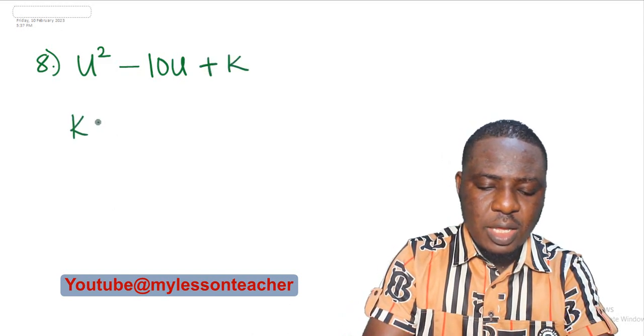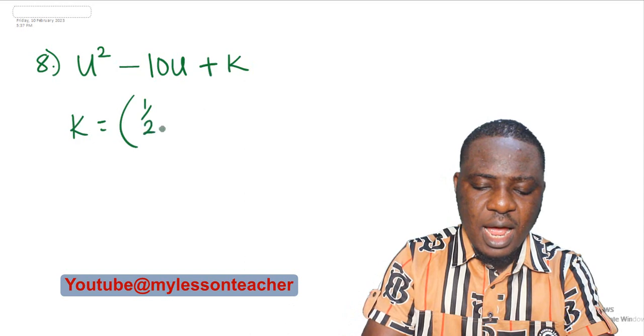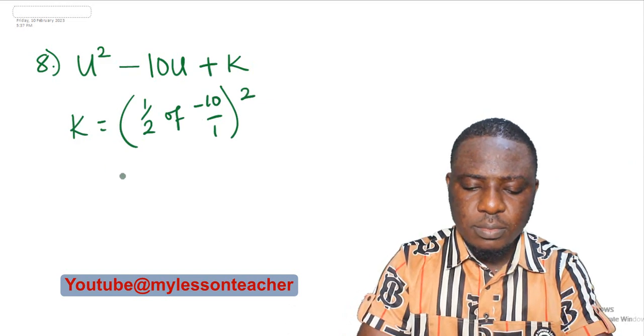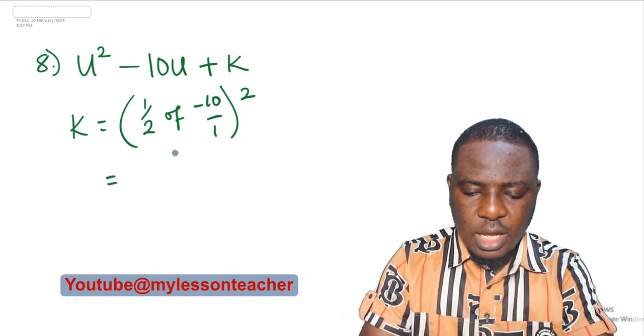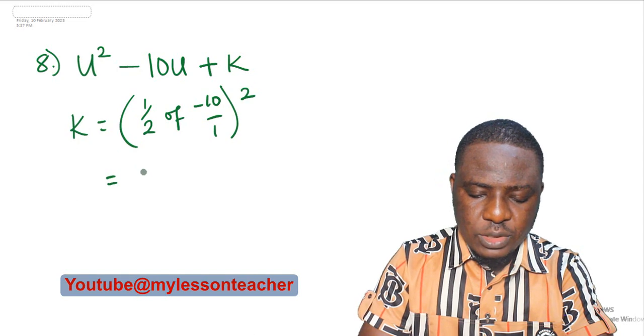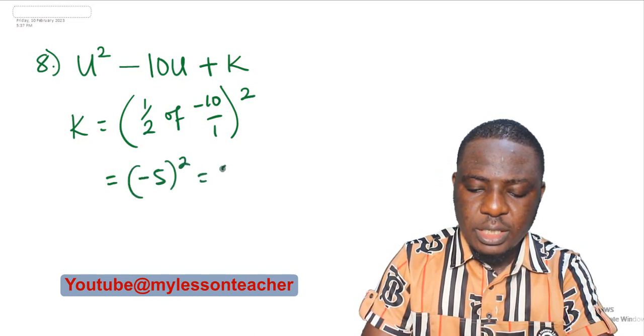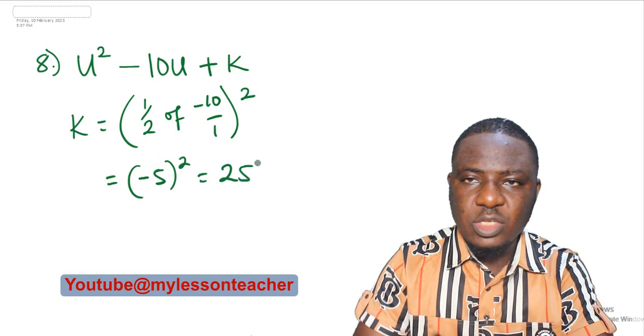And I said let that term be K. And K is defined as half of minus 10 all squared, which gives us half of minus 10 is said to be minus 5. Minus 5 squared gives us 25. So K is 25.